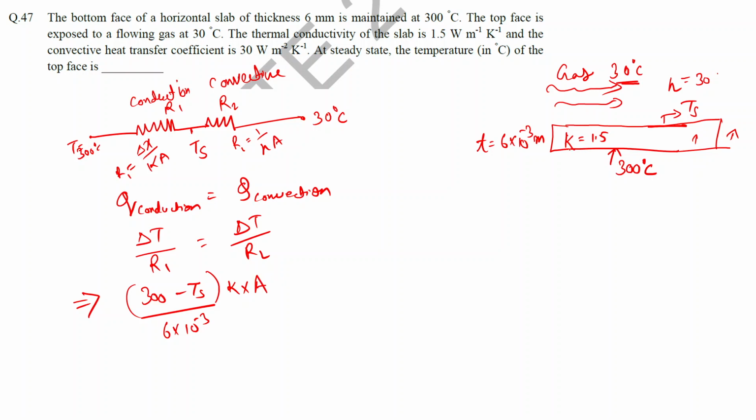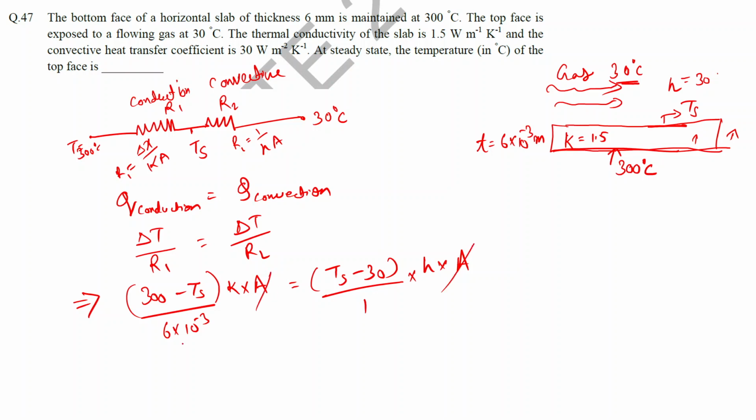So over this area the conduction will occur, and also this is the same surface area through which convection will also occur. So for convection the temperature difference will be Ts minus 30 upon 1 upon Ha.